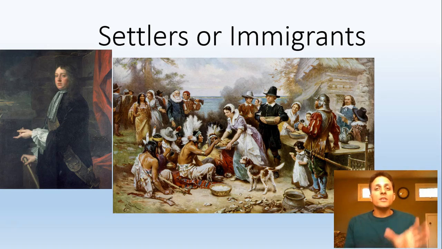So a settler is somebody who founds the colony. An immigrant is somebody who comes to an already established colony. So a lot of the early British people coming to British North America are settlers, like William Penn and the Puritans. Later groups that come in are immigrants.